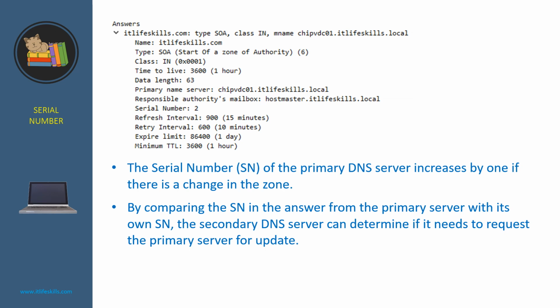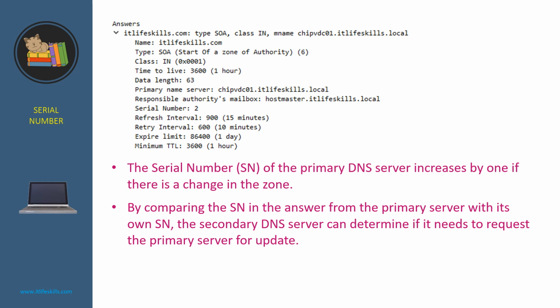The most important field to control zone update is the serial number. The serial number of the primary DNS server increases by 1 if there is a change in the zone. By comparing the serial number in the answer from the primary server with its own serial number, the secondary DNS server can determine if it needs to request the primary server for an update.